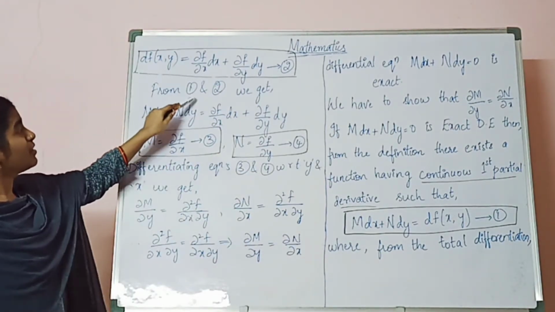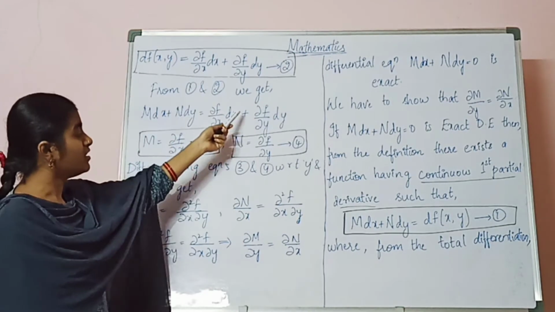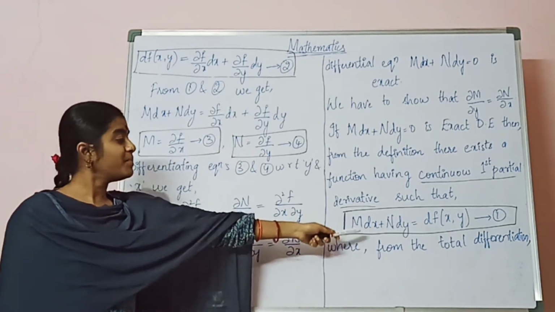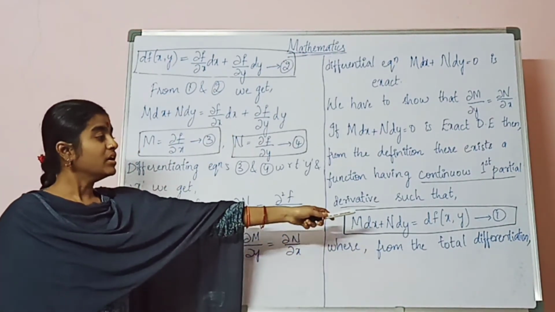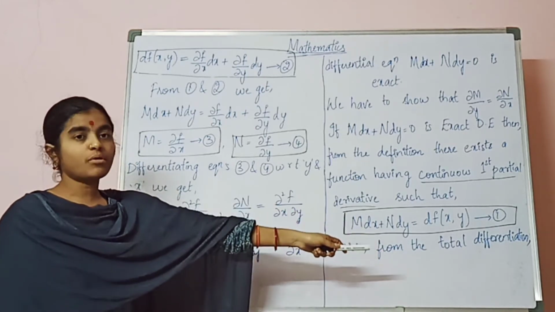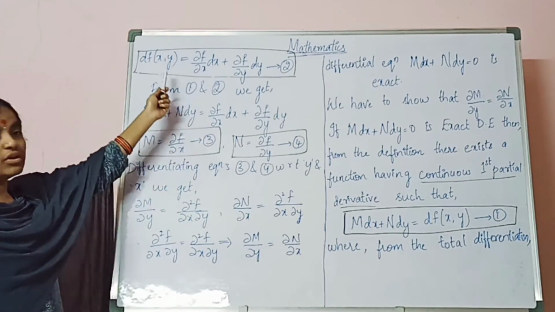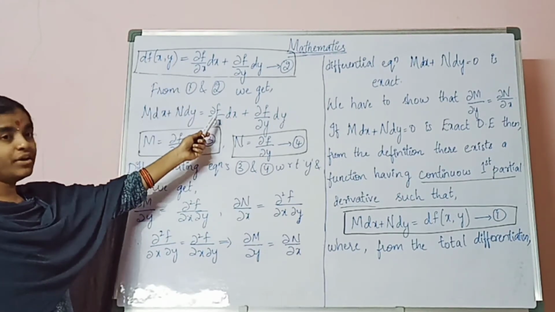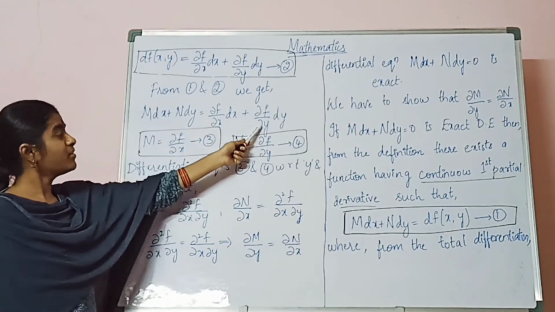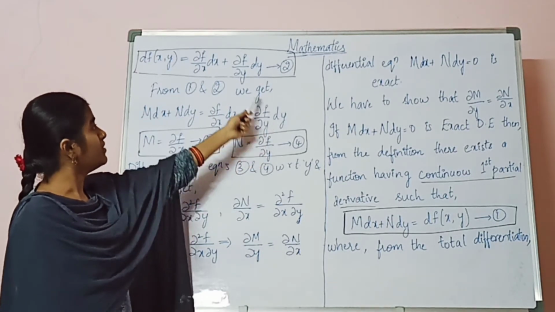Now from equations 1 and 2, equation 1 is Mdx plus Ndy equals d of f(x,y). So Mdx plus Ndy equals ∂f/∂x into dx plus ∂f/∂y into dy. This is equation 2.